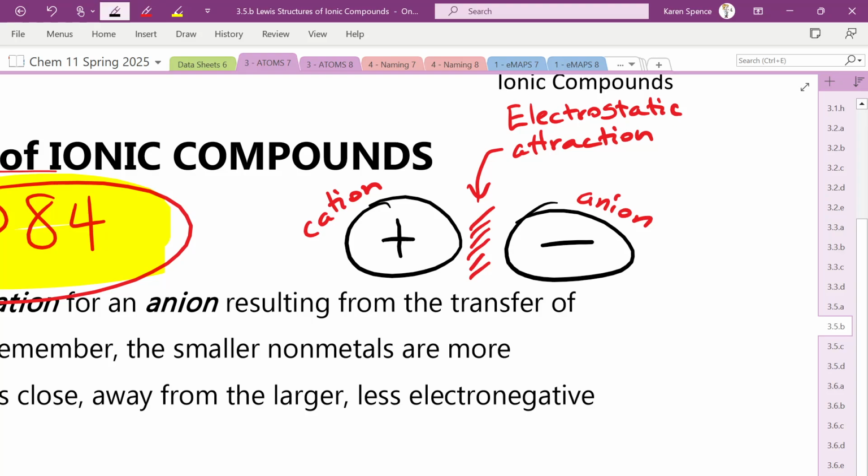What do we call that? That electrostatic attraction is called an ionic bond, yes.